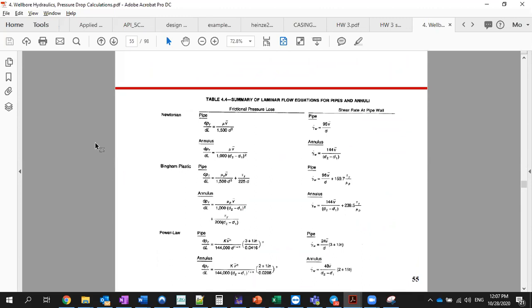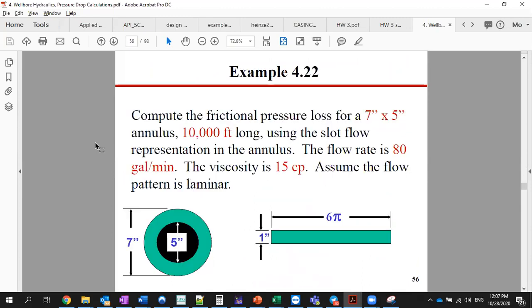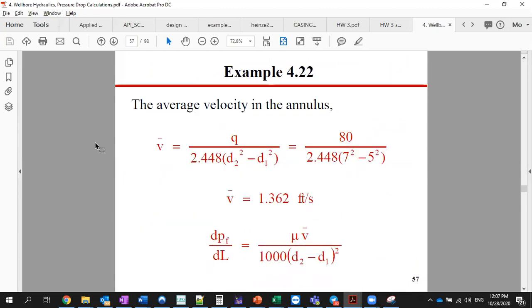And you did those calculations. The examples here we have both for Bingham plastic fluids and also for the power law fluids. All the equations that you would need for this exam, I will give you. And basically any pressure loss calculation, if you remember, starts with calculating the velocity, right?